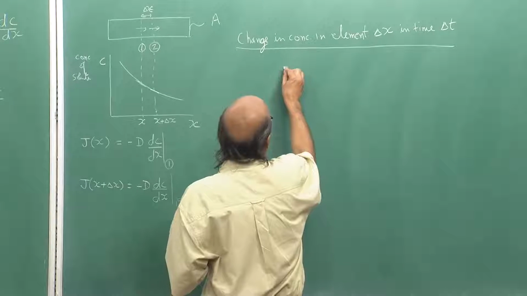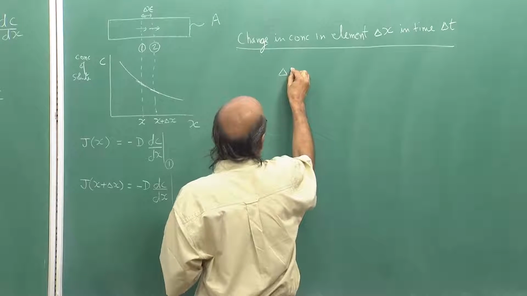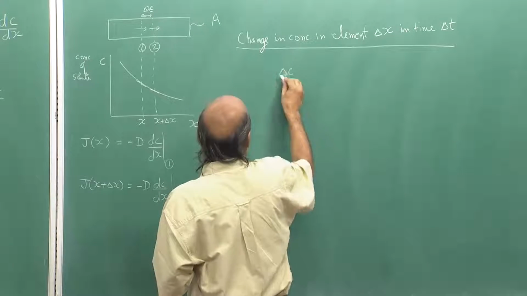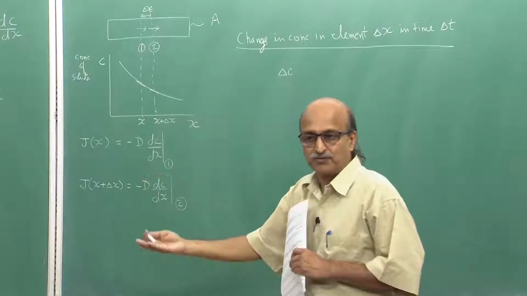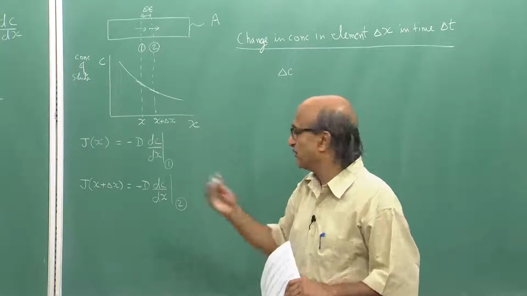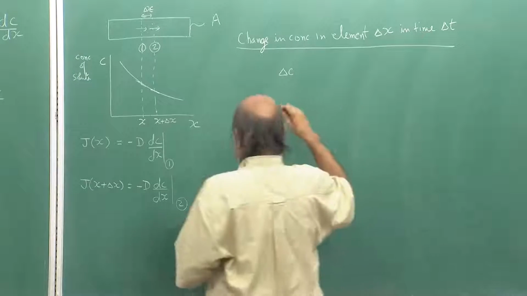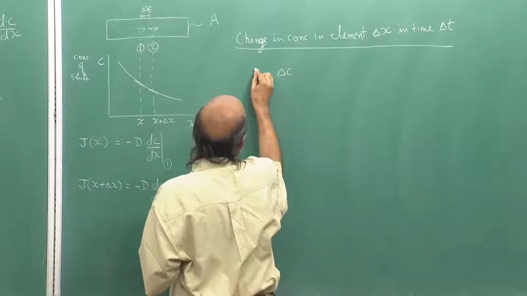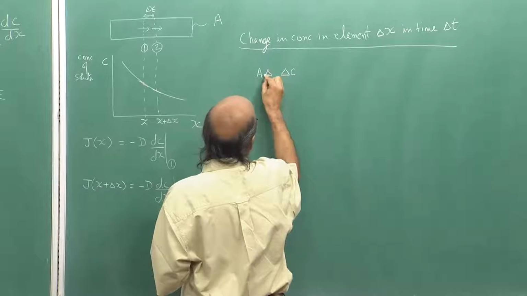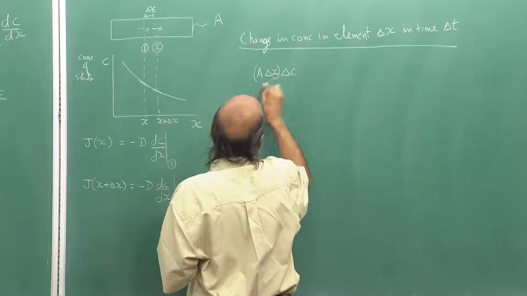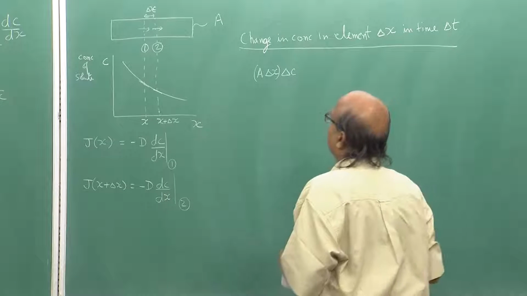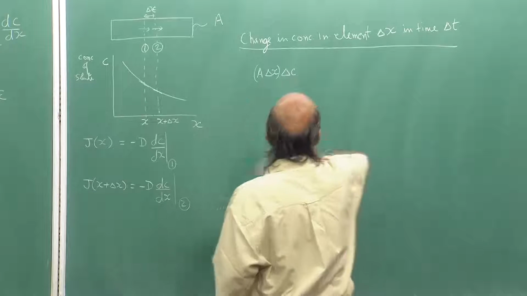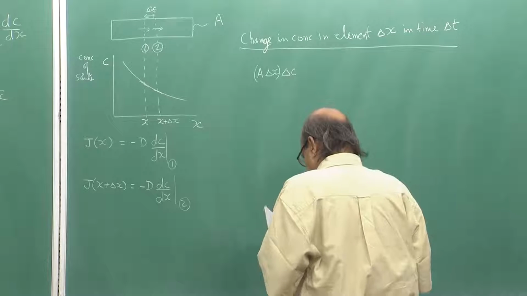Suppose the change in concentration is delta C. This concentration is the number of solute atoms or moles of solute atoms per unit volume. So let me multiply this delta C by the volume of this element, and the volume of this element is simply A times delta x, A the area of cross section and delta x the length of the element. So this is the total change in the amount of solute in time delta t.